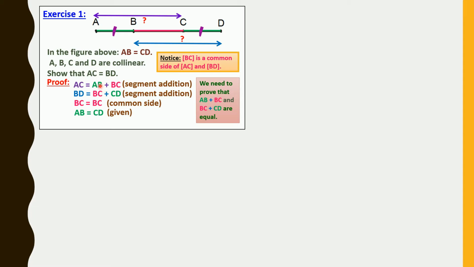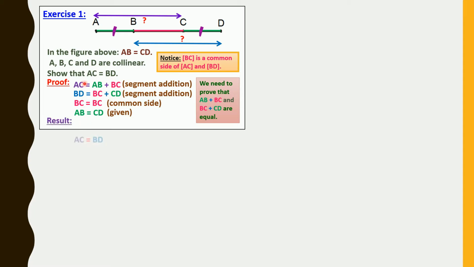So since AB equals CD and BC equals BC, we can claim that these two sums, these two quantities, are obviously equal. And the result, AC equals BD by transitivity, because both segments are equal to the same quantity.